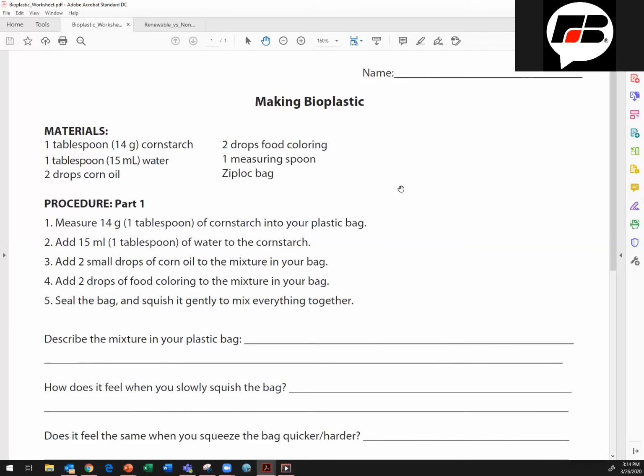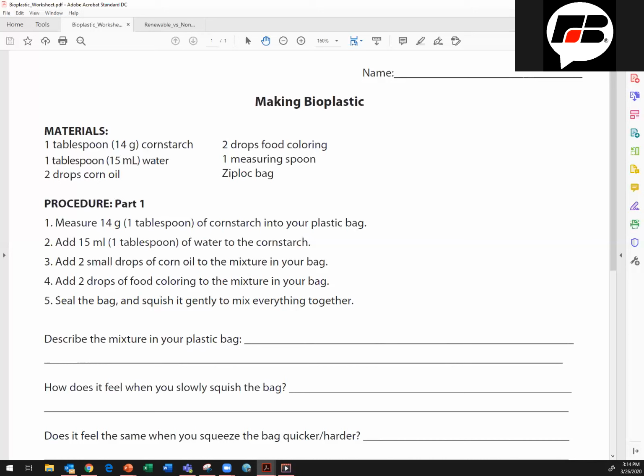All right, are we ready for part 1? Your job is to measure 1 tablespoon of cornstarch and put it in your plastic bag. Add 1 tablespoon of water to the cornstarch in your bag.